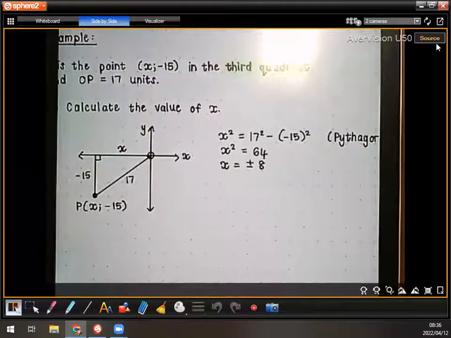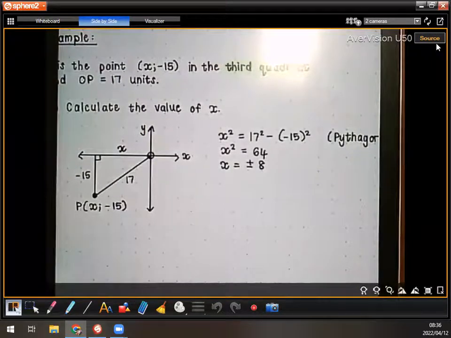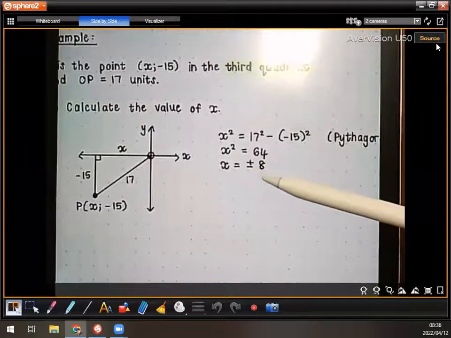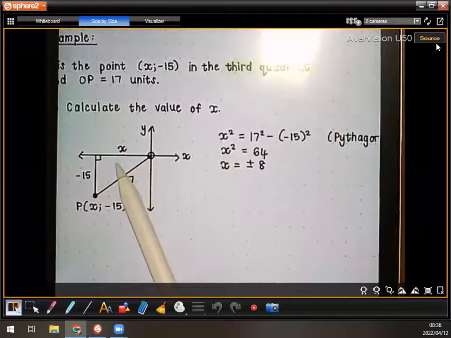Because when you say 8 squared, the answer is 64. But if you say negative 8 squared, the answer is also 64. So positive 8 and negative 8 are actually possible answers for that equation. Usually when we do Pythagoras, we don't say plus or minus 8 because we know it can just be positive 8. But now in this case, guys, it's actually going to be negative 8.